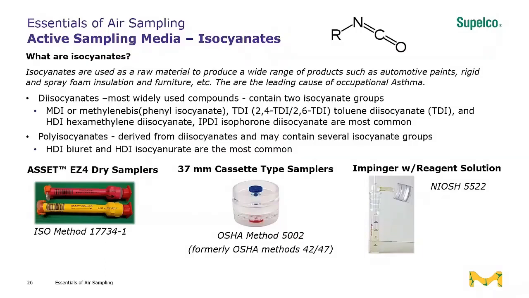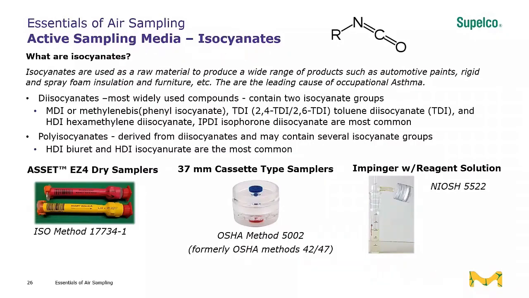And then the device in the middle is the cassette type sampler, which you might be familiar with from OSHA method 42, 47, which has now been changed to the OSHA Vapor Sampling Group 3 or method 5002. And this would also include a sampling type that you might have heard of called IsoCheck.